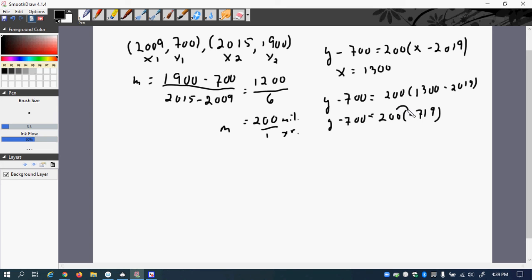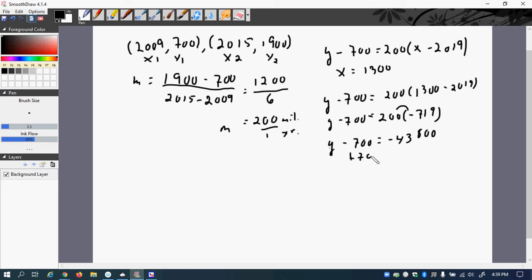Now I'm going to multiply that by the 200. So I have y minus 700 equal to negative 143,800.